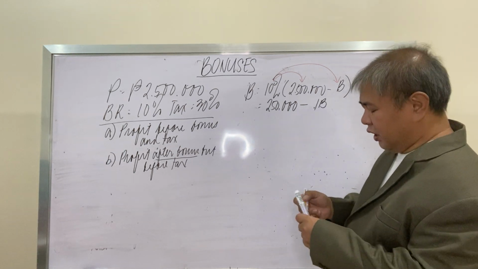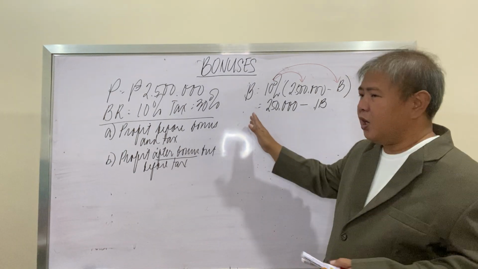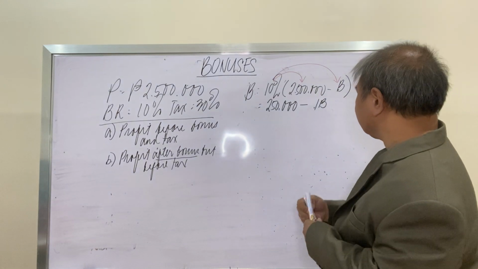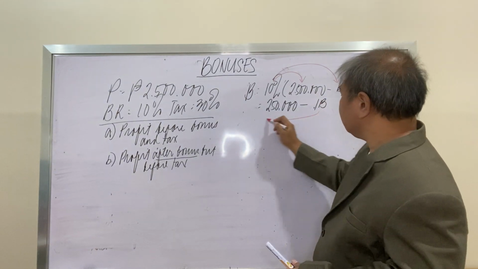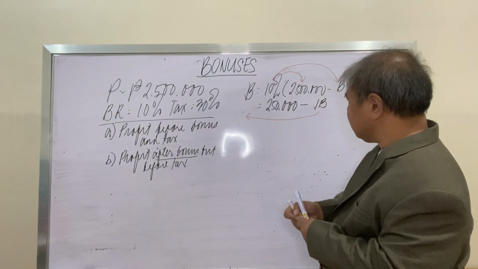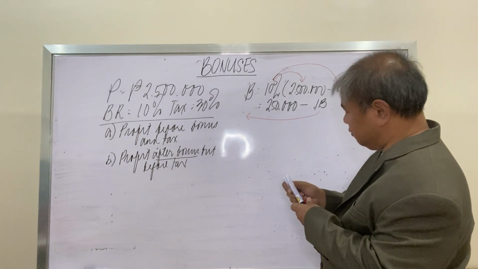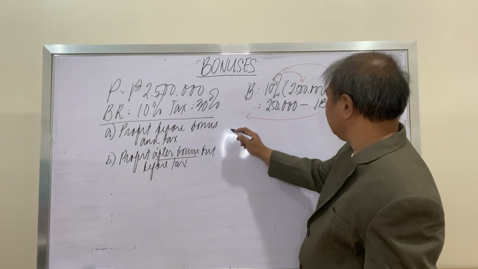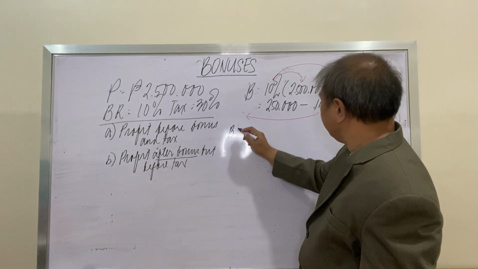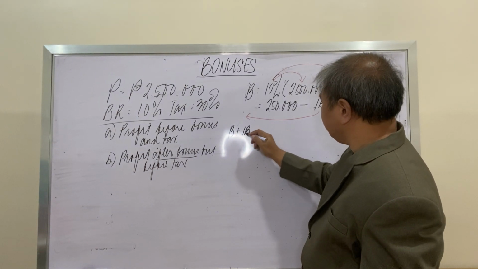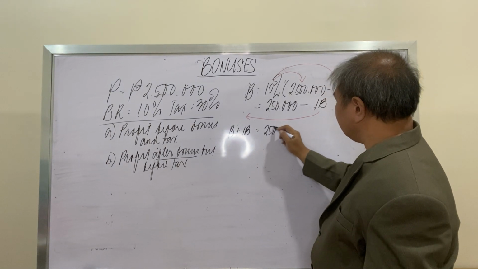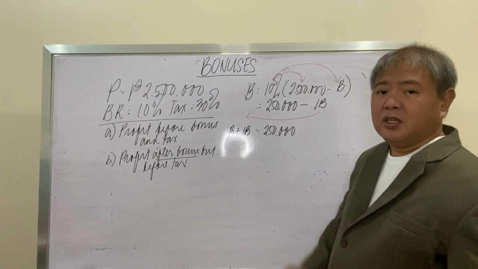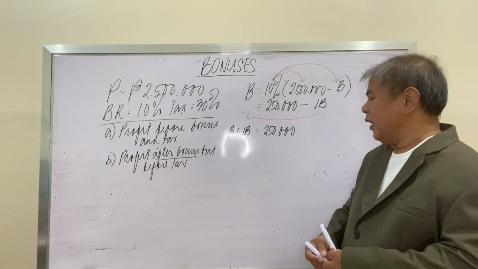And again, we need to transpose because B is on the other side. So transpose this to the other side. Since this is negative, that will become positive. So that will be B plus 0.1 of B is equal to 250,000.